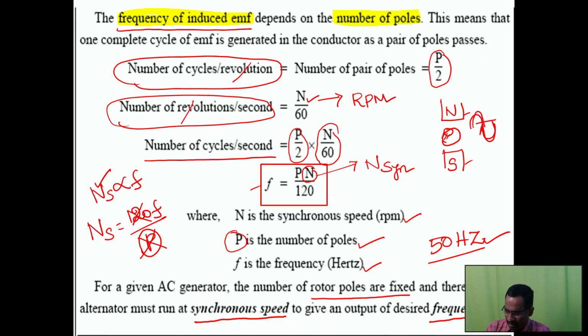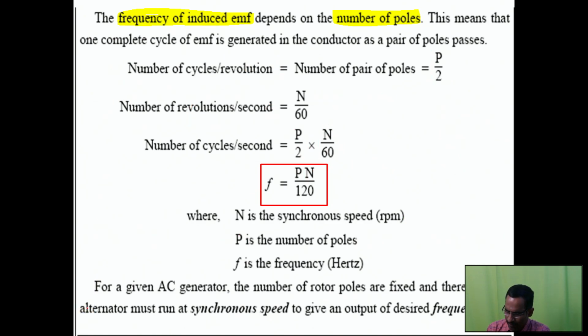From this we can understand that the induced EMF depends on the number of poles and the speed. Here the speed is the synchronous speed. So it is the relationship between the induced EMF, number of poles, frequency, and the speed. Then we'll go to the next slide.